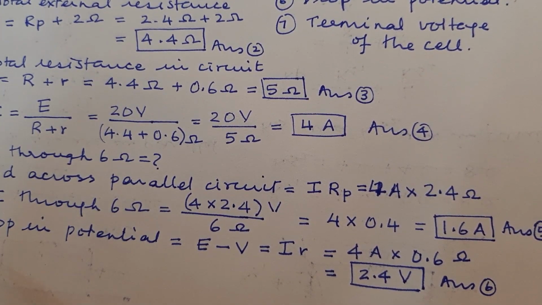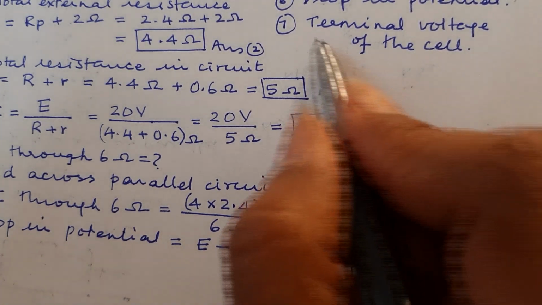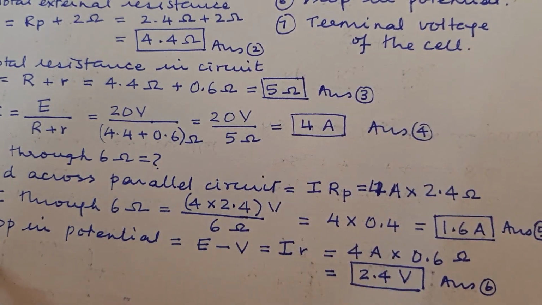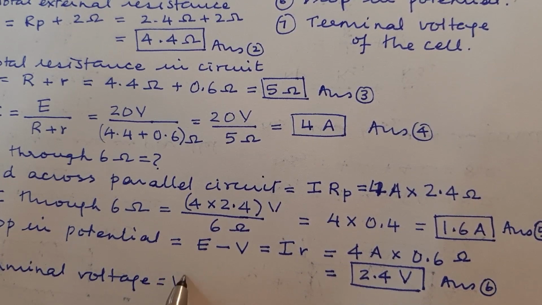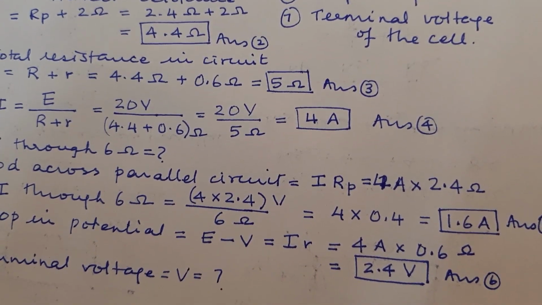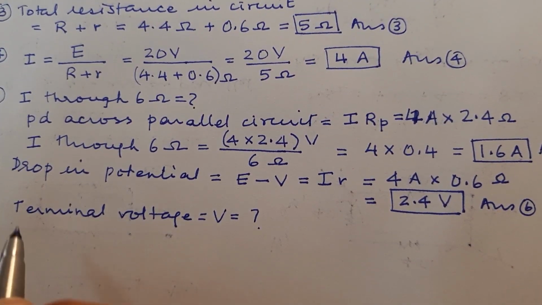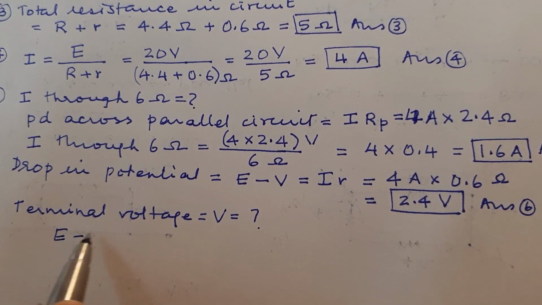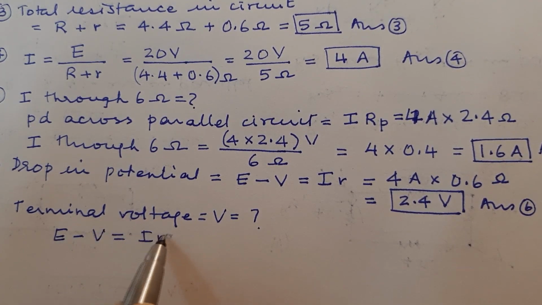And the seventh one is terminal voltage. Can you see here terminal voltage of the cell? So terminal voltage, which is equal to V equal to how much? Now here we are going to use a simple formula. E minus V is equal to Ir. EMF is 20 volt minus terminal voltage, Ir, which we found out here, 2.4.